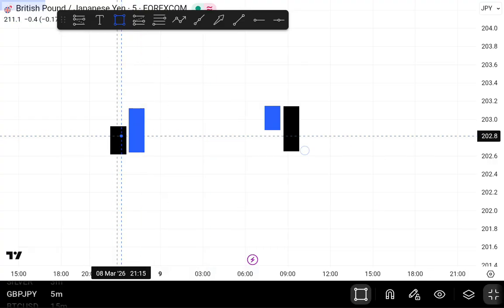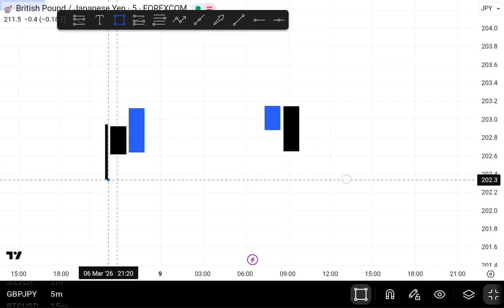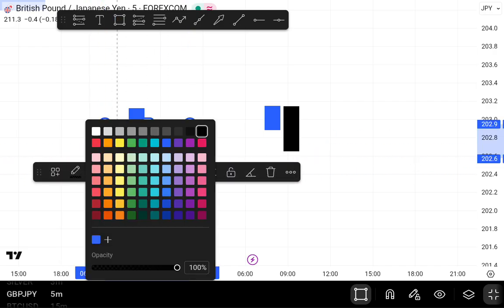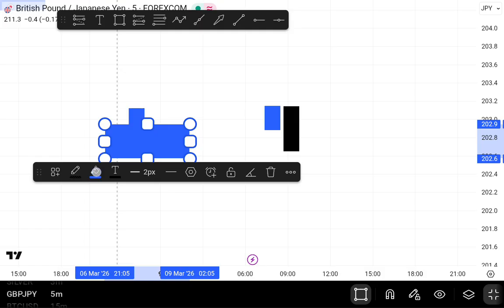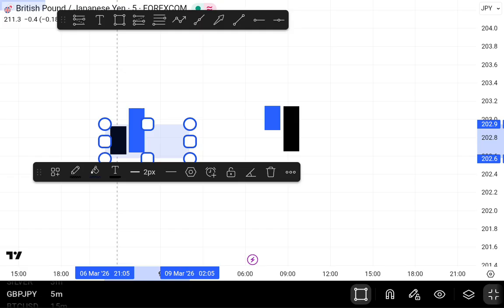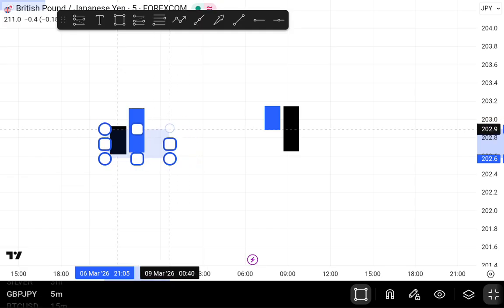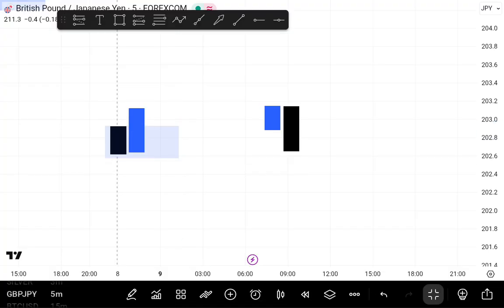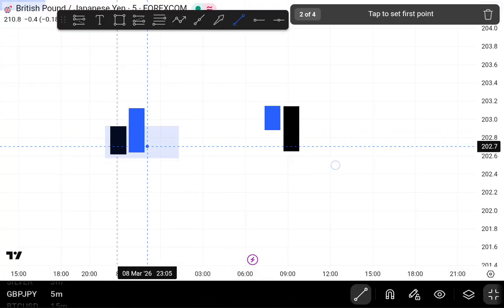When you want to mark a bullish order block, you mark from the recent black candle, the bearish candle.